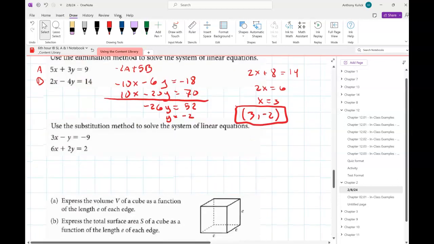So if we try doing the next one, substitution, how does that one start? You pick one of the equations, and you want to get one of the variables by itself. Now, here's a case where sometimes if you're observant, you can avoid having to deal with some fractions.